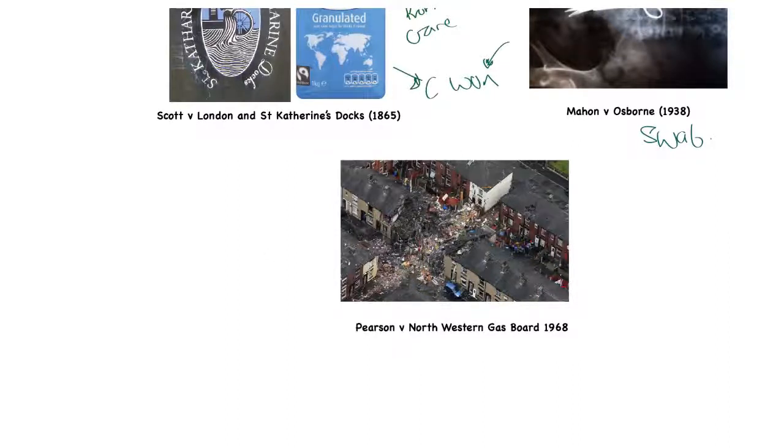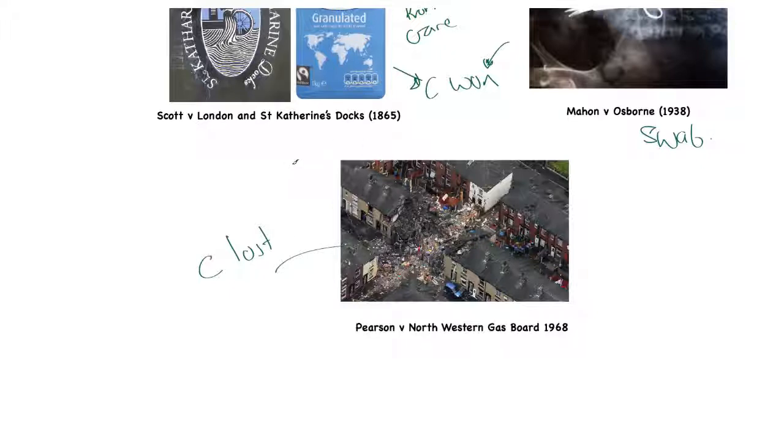There were other reasons for the gas pipe to be fractured, and those other reasons were the extreme cold weather. When the board had to prove that they were not negligent, they were able to show quite clearly because of the precautions that they'd taken. So in this instance, the claimants lost.